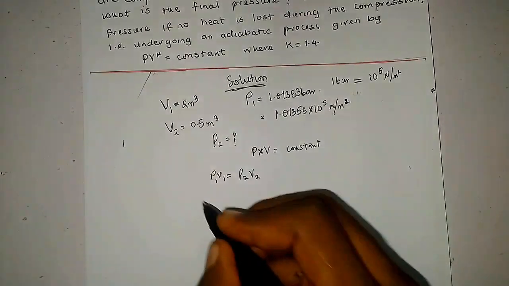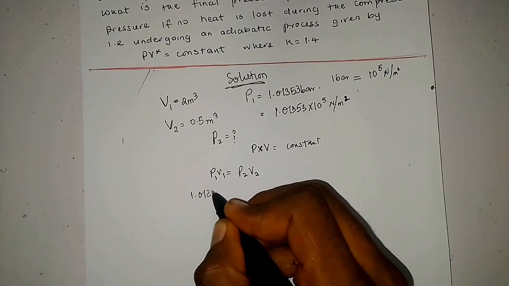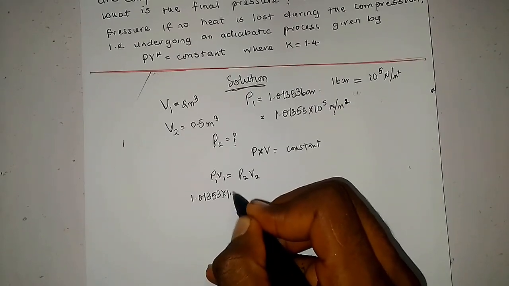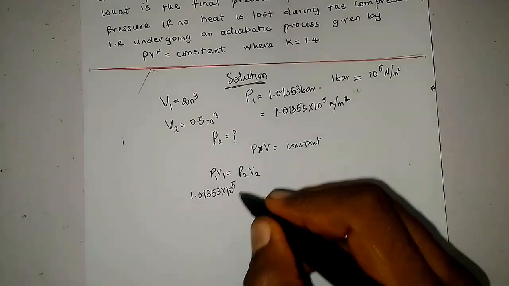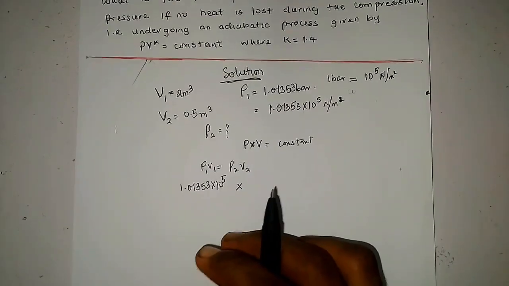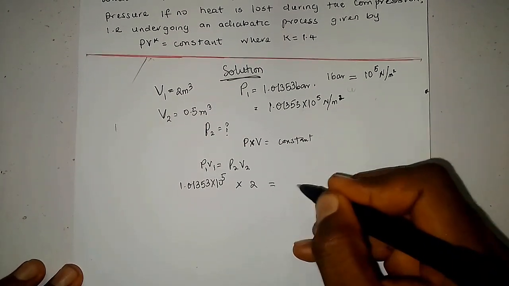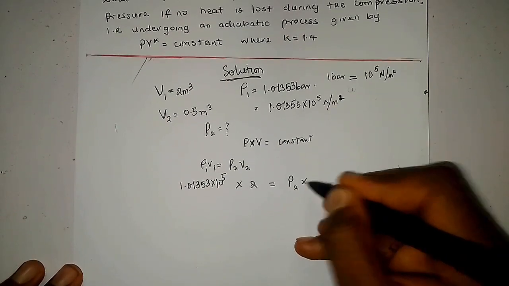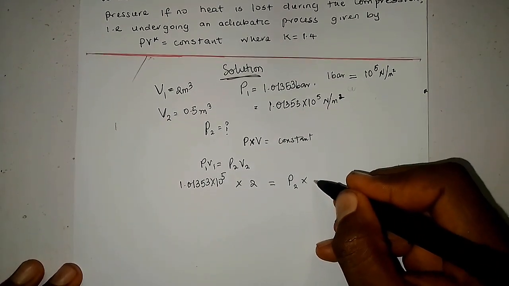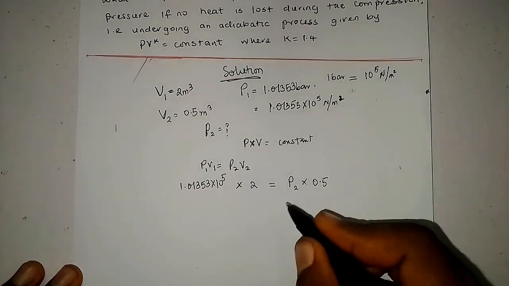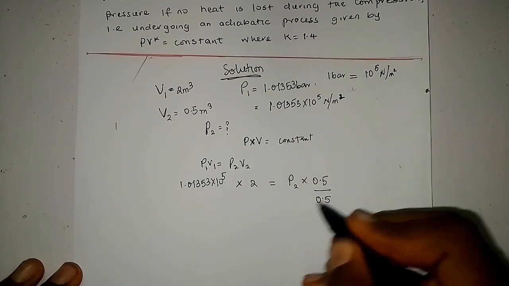Since my P1 is 1.01353 times 10 raised to the power 5, times my V1, which is 2, equals P2, which I'm looking for, times my V2, which is 0.5.